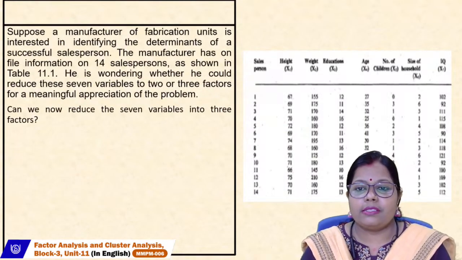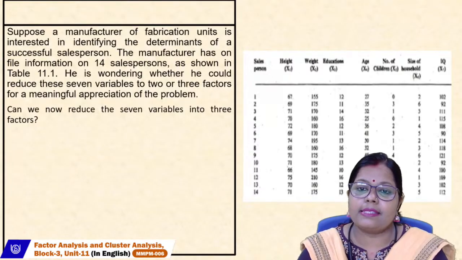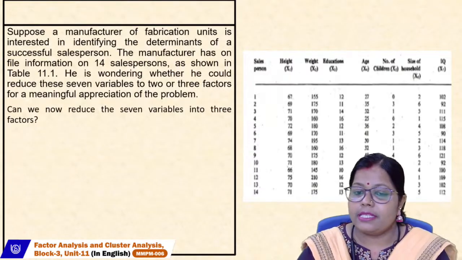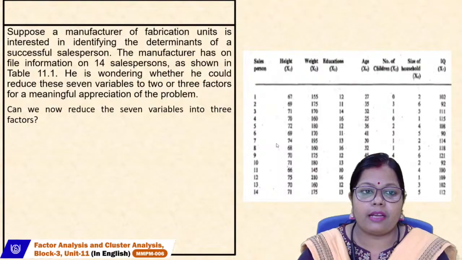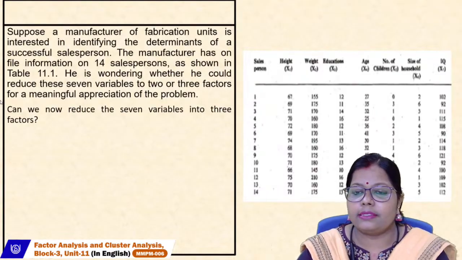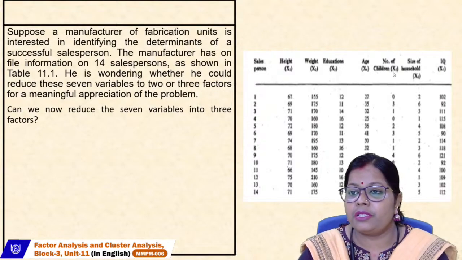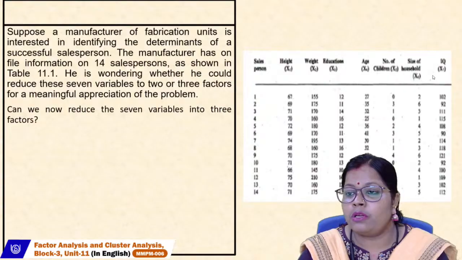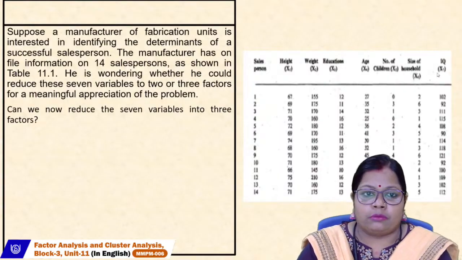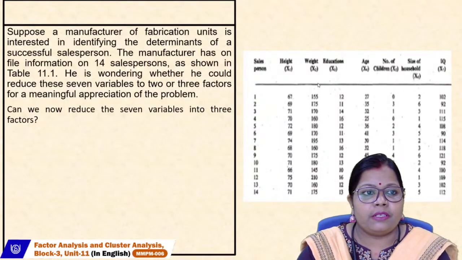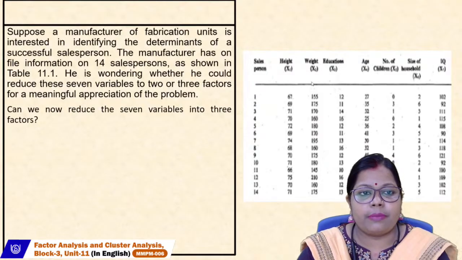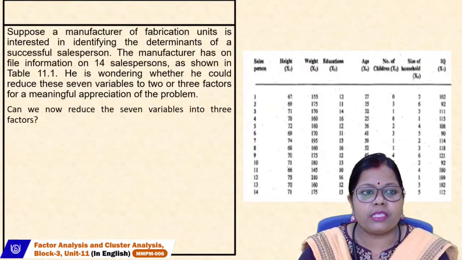See, there is a question where I have cited salespersons. We have 14 salespersons here, and they have different variables: height, weight, education, age, number of children, size of household, then IQ. This question is about a manufacturer of fabrication units.